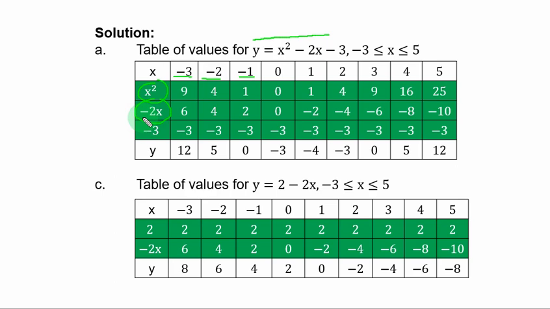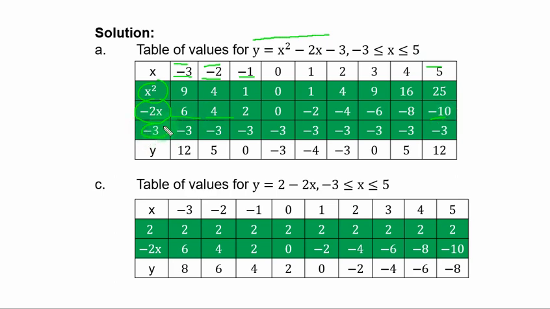To get minus 2s, use minus 2 to multiply each value of s. So minus 2 times minus 3, you have 6. Minus 2 times minus 2, you have 4. Minus 2 times 5, you have minus 10.